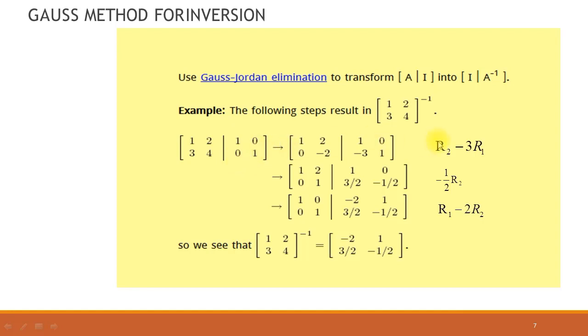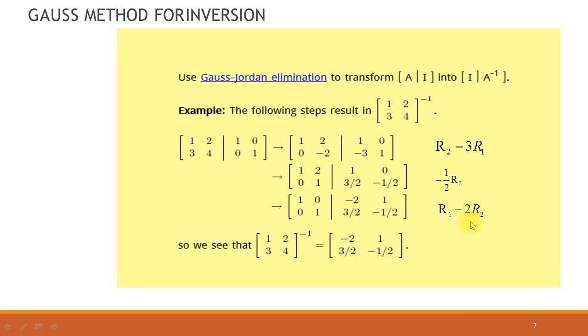So add minus 3 times R1 to R2, we get 1 2 0 minus 2, and now the identity matrix side will be 1 0 minus 3 1. Now multiplying R2 by minus 1 over 2, this matrix will be 1 2 0 1, and this matrix will be 1 0 3 by 2 minus 1 over 2.